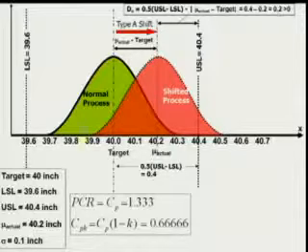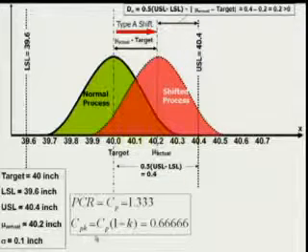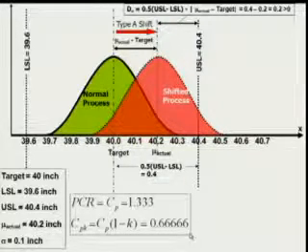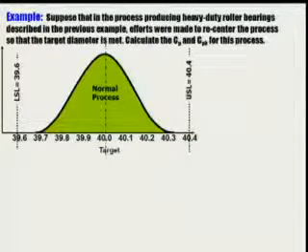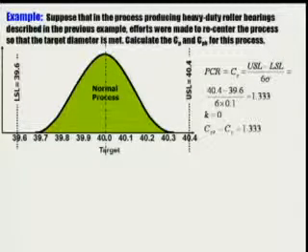Okay, now what does that mean? It means our PCR is 1.33, our CPK 0.66, and we just calculated these a minute ago. So it's very important that we understand that when there is a shift in the target, a sidewise shift, then we will deviate from the 6 sigma, and we may be falling under the 3 sigma process.